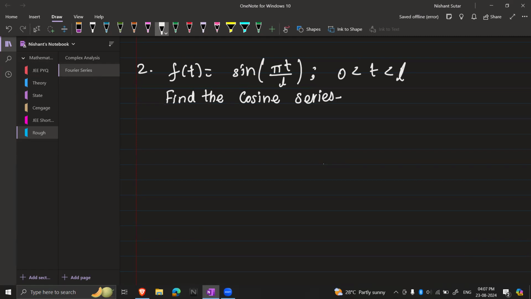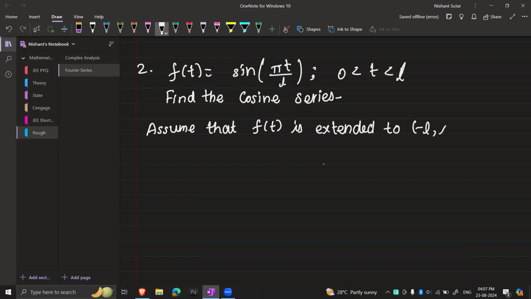So again as before, to find the cosine series, we assume that our function f of t is extended to minus L to L as an even function. Then we know in this case bn's are 0 for all n.